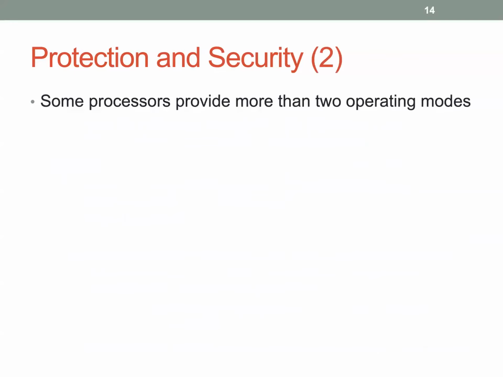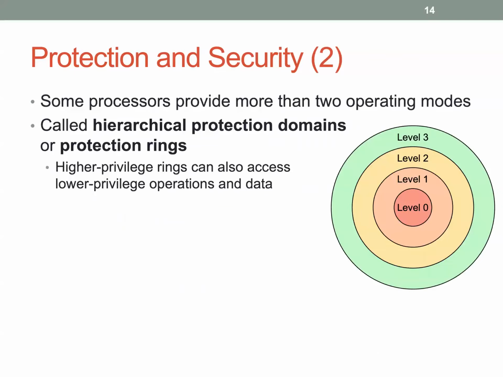Okay. Some processors have more than 2 operating modes. x86, I should say, starting, I believe it was with the 386, was the first x86 processor that had multiple protection rings. Basically it has had 4 protection levels for a long time.